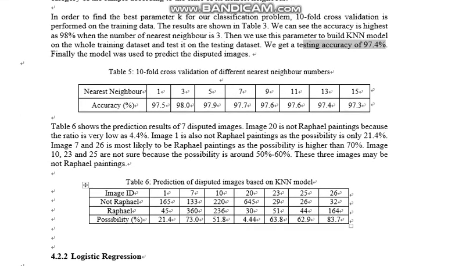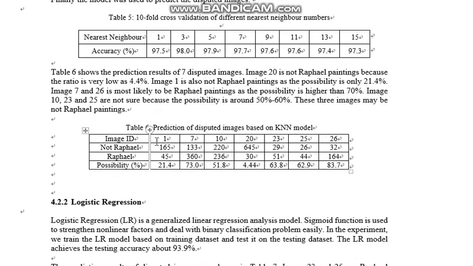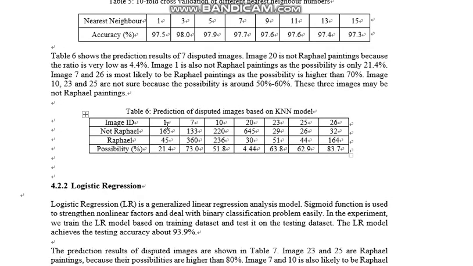And after testing the model, we predict the results on the disputed images. We got a table similar to the one for transfer learning. You can see for image 1, 165 are classified as not Raphael images, and 45 are classified as Raphael images.